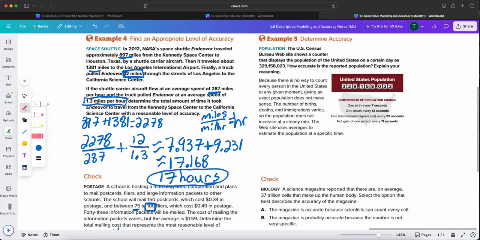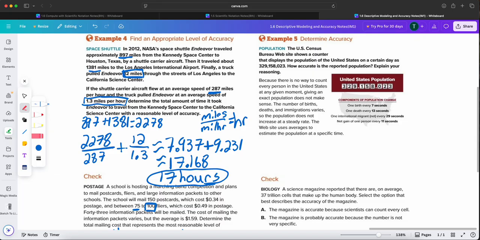How accurate is the reported population? Explain your reasoning. So they have this little diagram here. Components of population change: one birth every 7 seconds, one death every 13 seconds, one international migrant net every 29 seconds, and then a net gain of one person every 11 seconds.